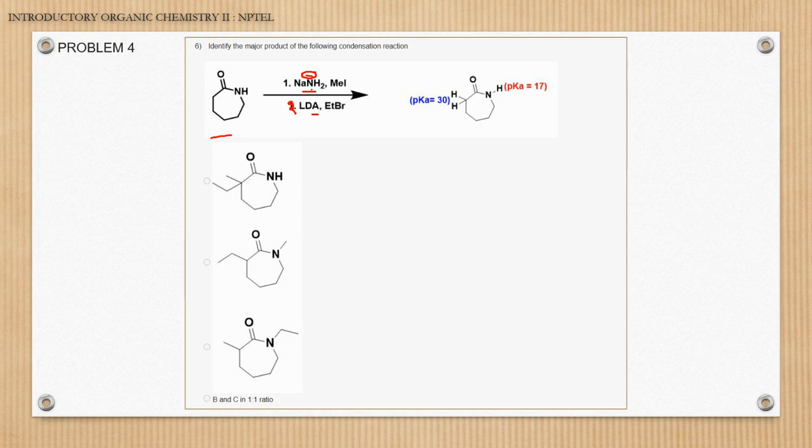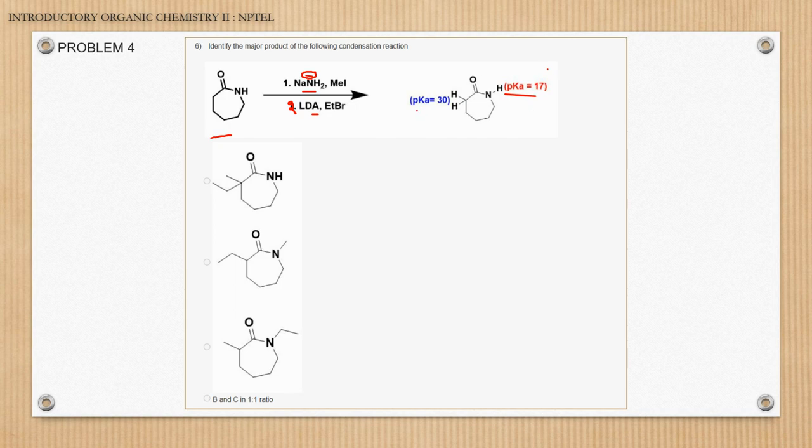So what will happen? Here they have given you the pKa values of both the acidic protons. They have said that the pKa of this N-H bond is 17. I have told you that if the pKa is high, then the Ka is low.